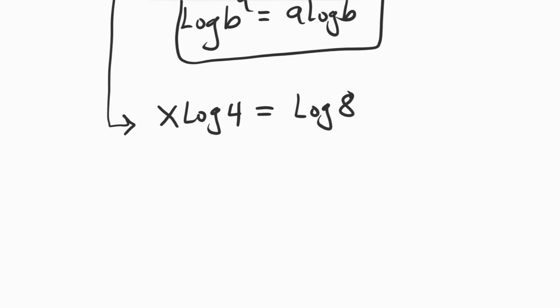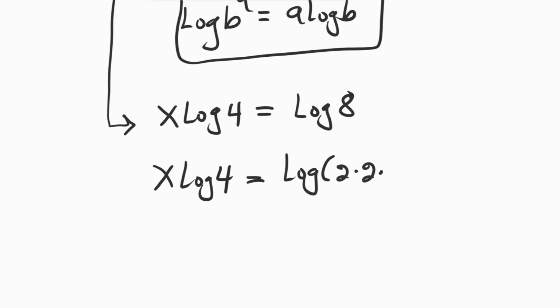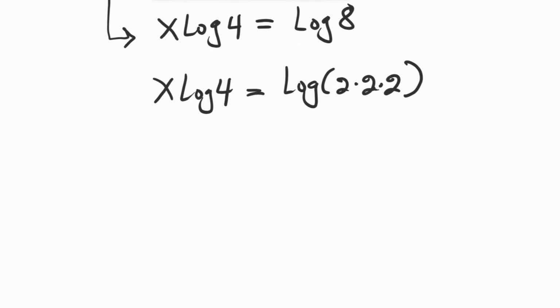Now we can break down 8. So what numbers can multiply themselves to give us 8? So 2 times 2 times 2 will give us 8, right? So now we have x log 4 is equal to log of 2 times 2 times 2. Okay.